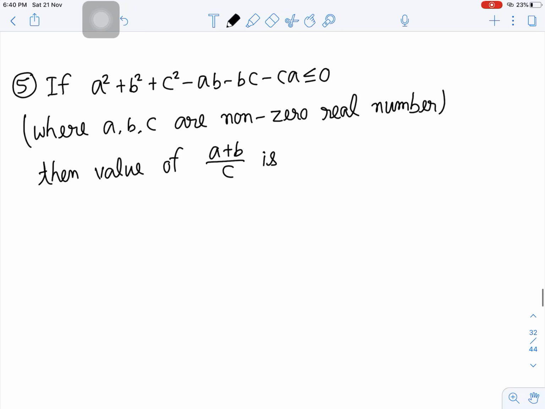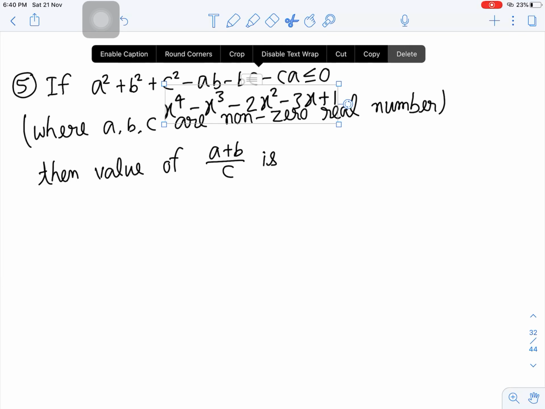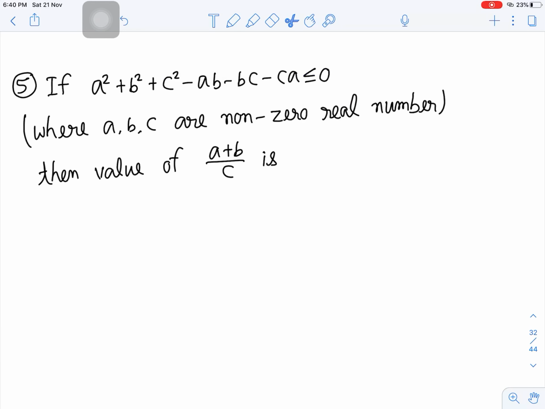Then we'll move to question number 5. If a square plus b square plus c square minus ab minus bc minus ca is less than or equal to 0, where a, b, c are non-zero real numbers, then the value of (a plus b) by c is.